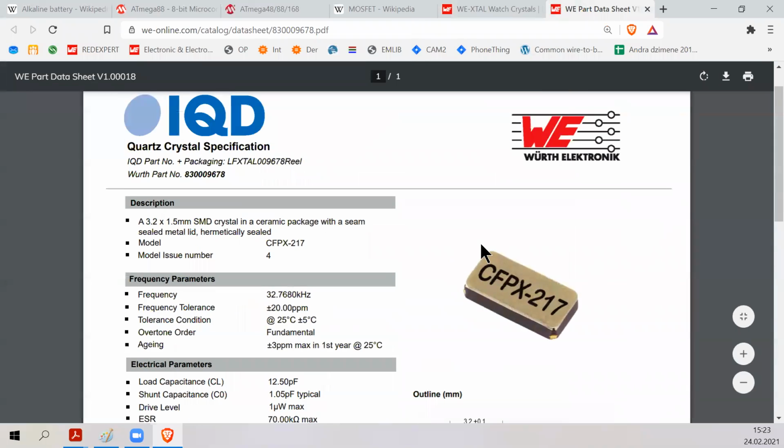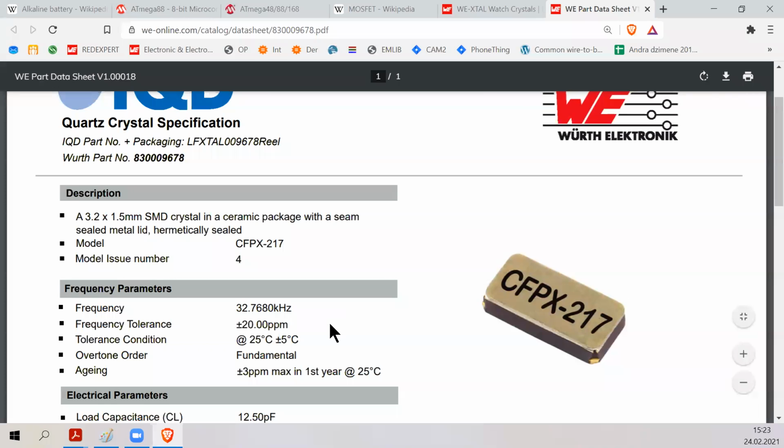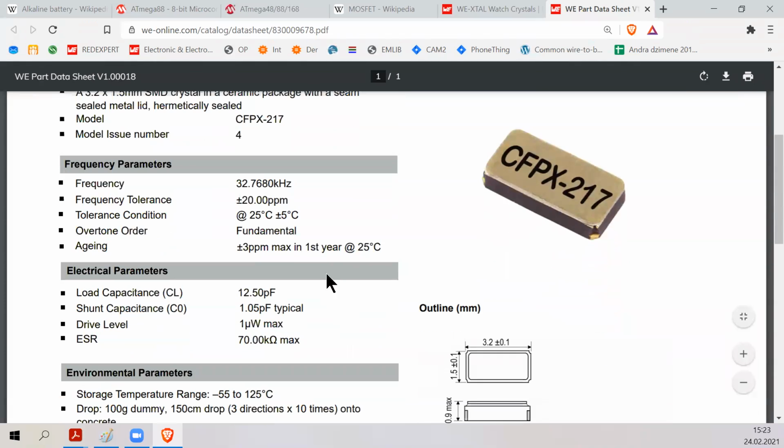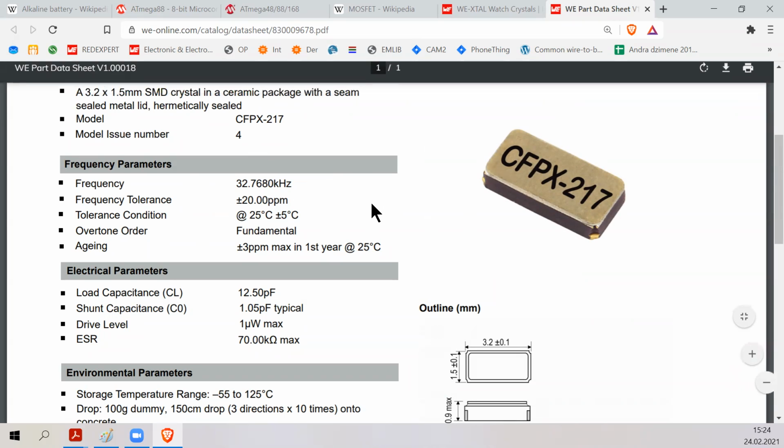And let's check out the precision of this crystal, for example. 32.768 kilohertz is the frequency. This is just historically selected because if you divide it by 2 to the power of 15, its pre-scaled frequency is 1 hertz or 1 second. So you add a 15-bit counter, and when it overflows, you increment the time by 1 second, and it works as a 1 second counter.